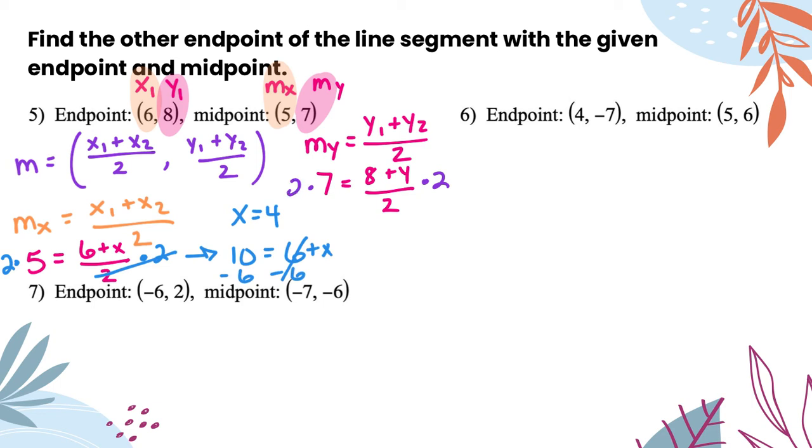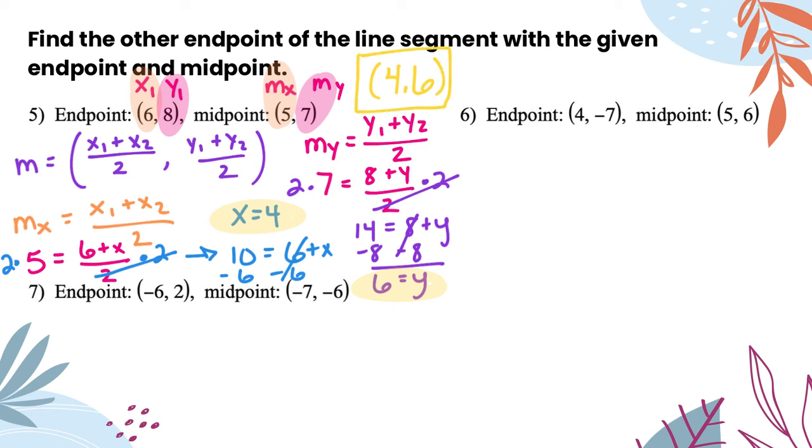Multiply both sides by the denominator, which will always be 2. 14 equals 8 plus y. Subtract 8, and I get 6 equals y. So I have all the information I need here. I have my x value of an endpoint, my y value of the endpoint, and so the way that I will write that final answer is that my other endpoint is 4, 6.